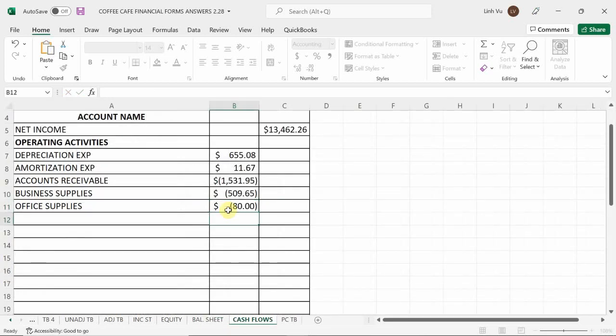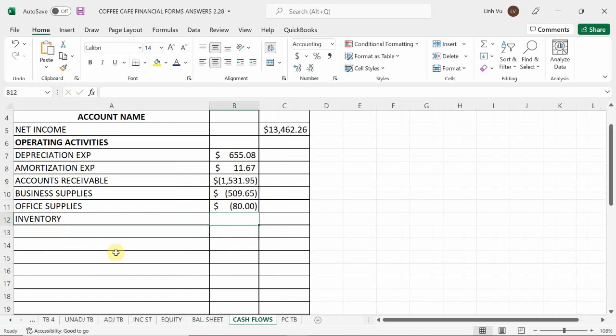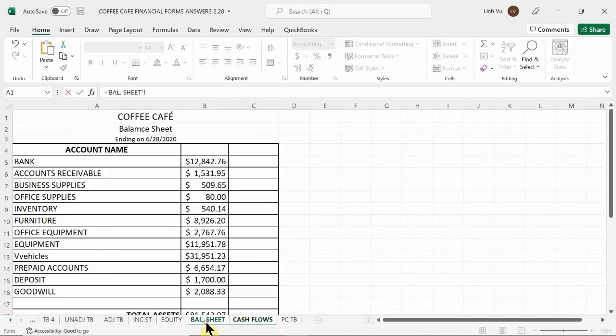Okay. Now, what about inventory? Inventory is my next item on the list here. In this case, I currently have $540 worth of inventory. Now, let's think about it this way. I still have the inventory on hand, meaning I've already spent the money to acquire the inventory.